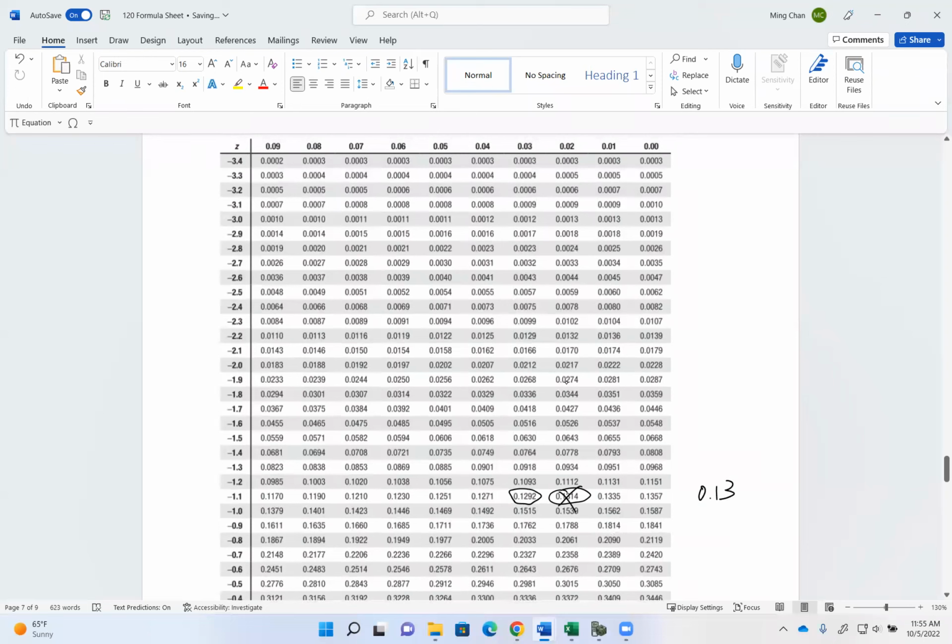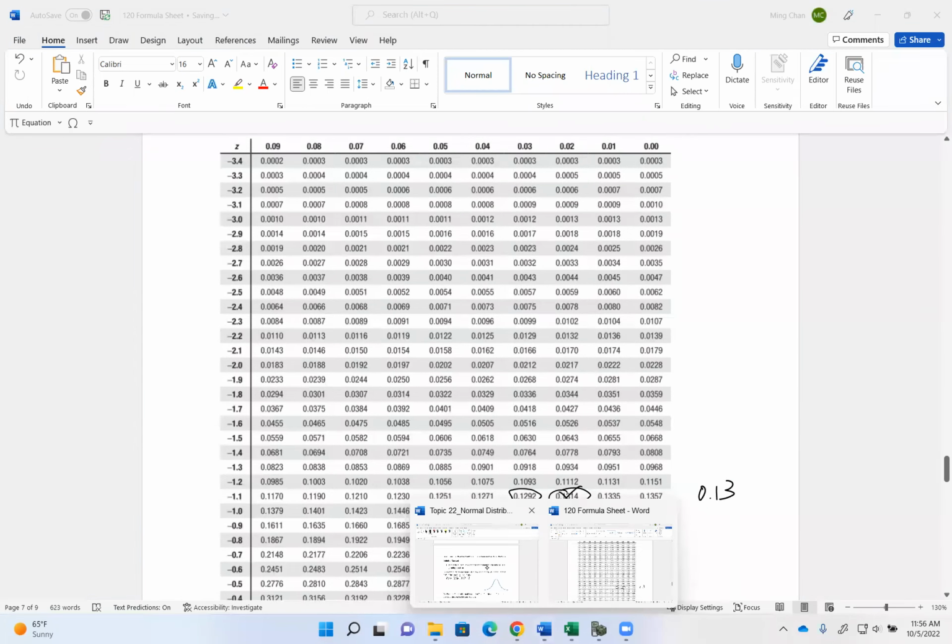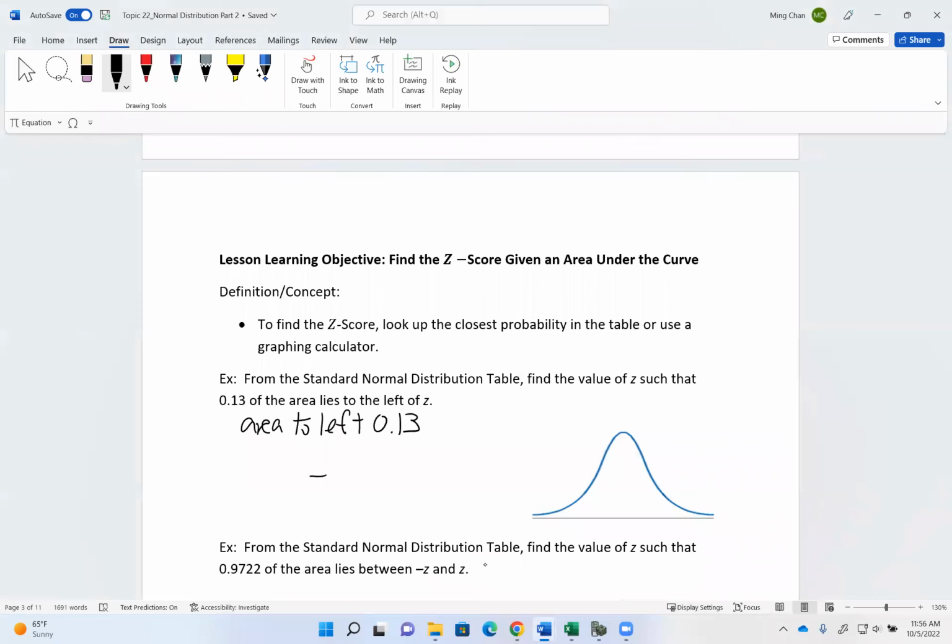That's how I find it: negative 1.1 and then look up to the very top row, 3. There you go. That's how we find it. So the z-score is right here, and the area to the left of it is 0.13.